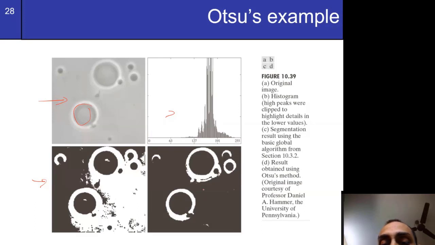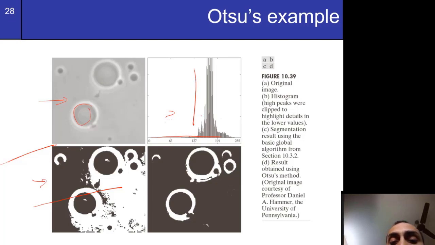But somehow it ends up getting a better result in terms of segmentation than this one, because in global thresholding we are just doing an averaging, and we are not exhaustively searching the whole search space. In Otsu's, we are exhaustively searching all locations from 0 to 255, whichever gives the best.